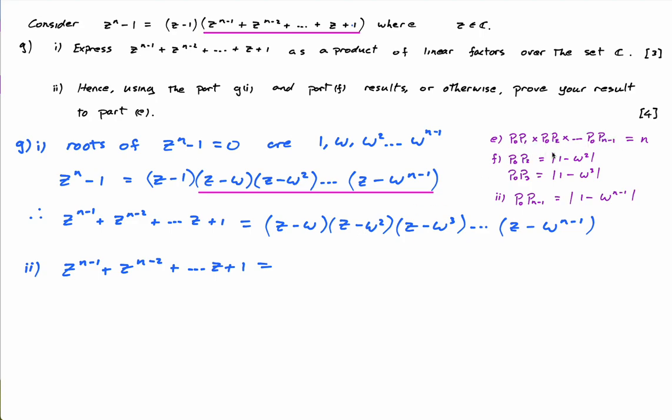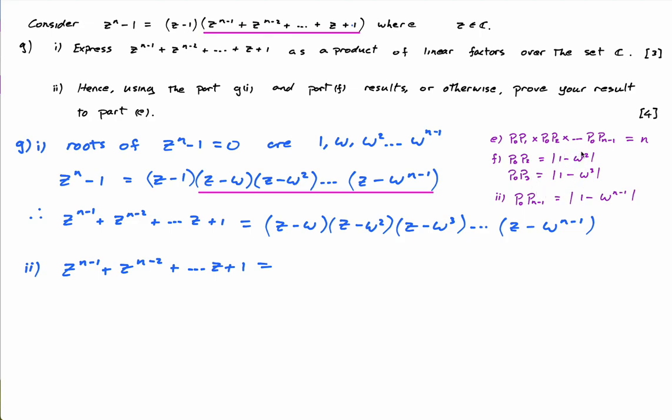And I know that P0P1 is 1 minus omega, P0P2 is 1 minus omega squared, P0P3 is 1 minus omega cubed, P0P4 is 1 minus omega to the 4.